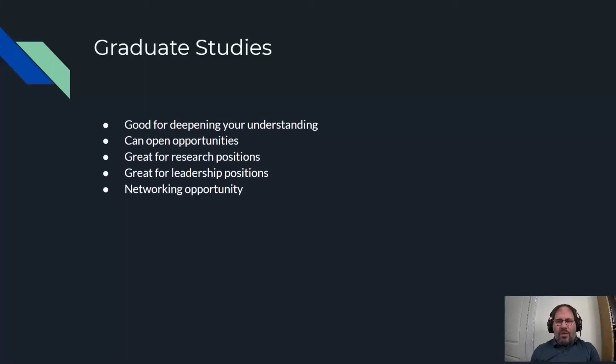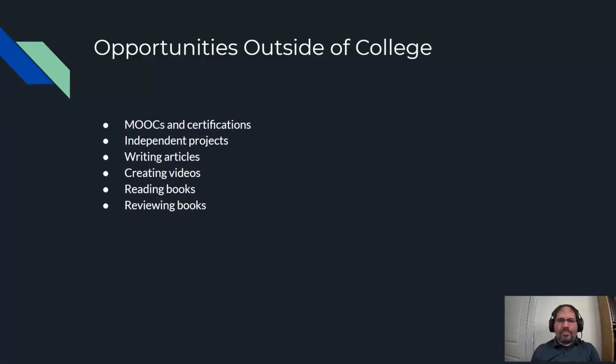It's kind of necessary for AI research, probably all the way up to the PhD level, or for leadership, as I mentioned earlier. It also opens up a huge networking opportunity with your classmates, with your professors, and with businesses that work with the university. Something to keep in mind.